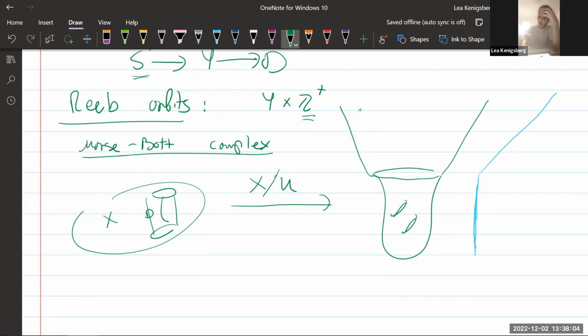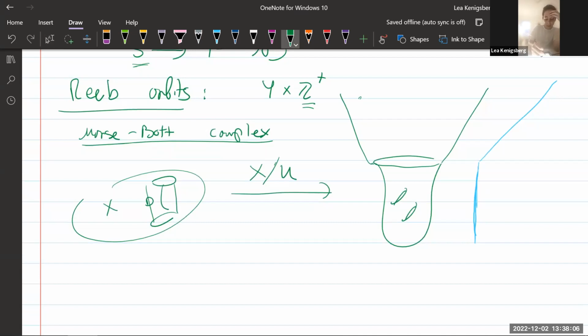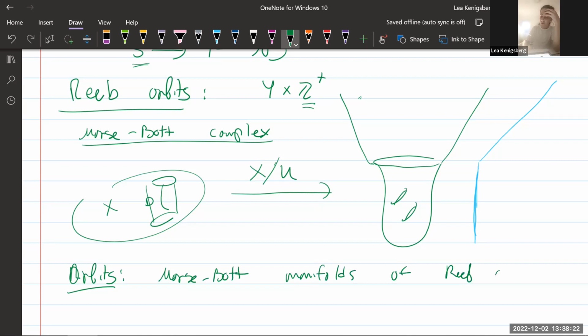Okay, so what are the orbits of the Hamiltonians? They are given by Morse-Bott manifolds of Reeb orbits.